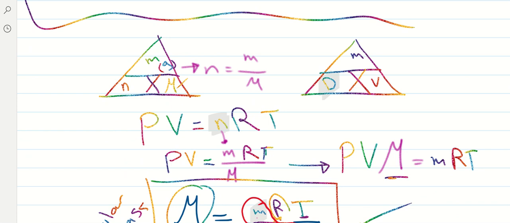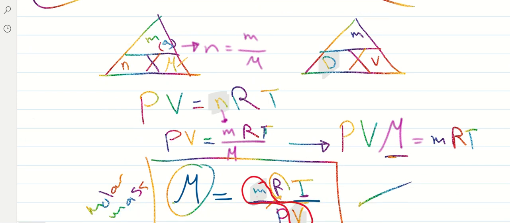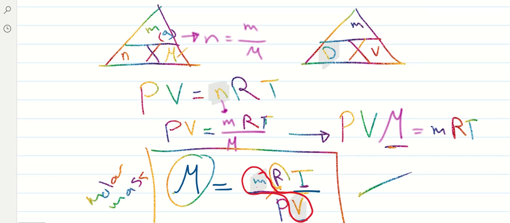Let us go to how to calculate the molar mass and density. Of course, don't forget my pretty pyramids, which are: number of moles equal to mass divided by molar mass, and density equal to mass divided by volume. These two formulas.